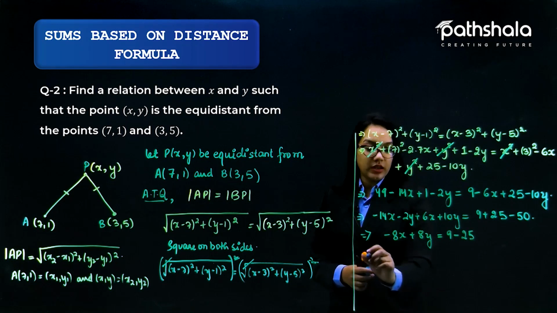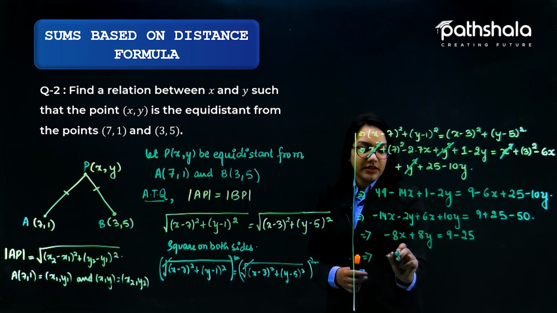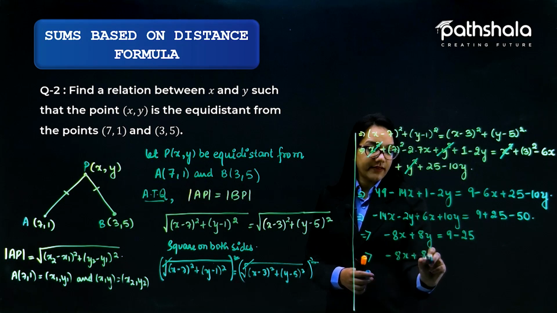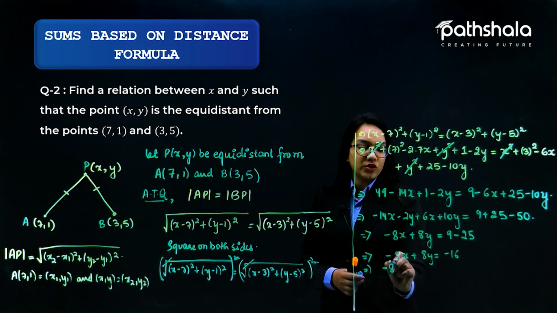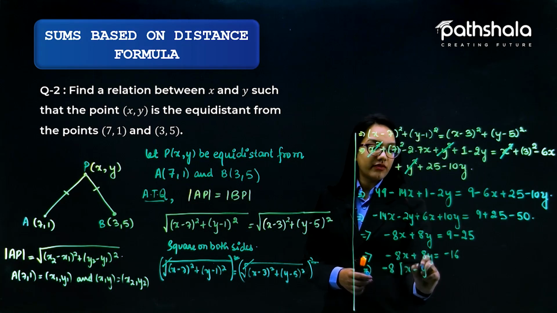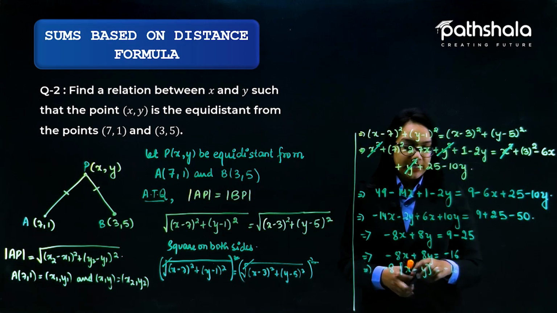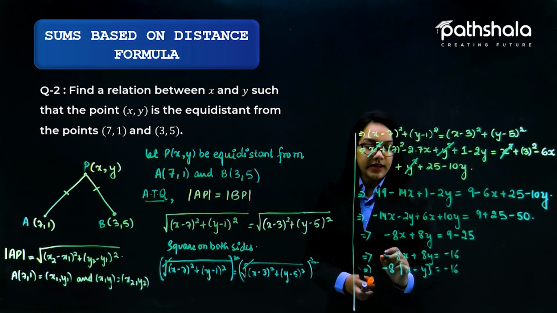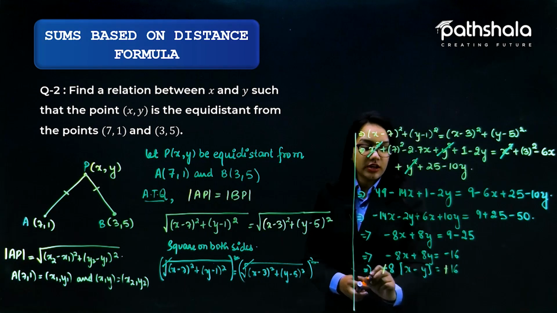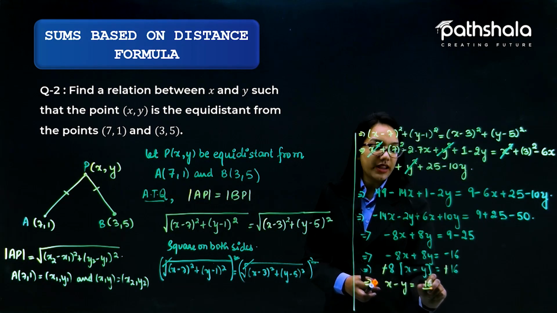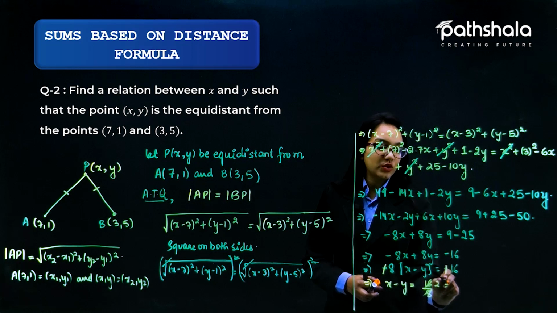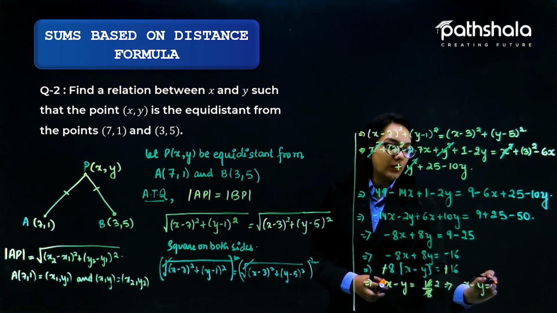So this implies minus 8x plus 8y is equal to minus 16. We can take negative 8 common, so this would be x minus y equal to minus 16 over minus 8; negative and negative get cancelled. Taking 8 to the other side, x minus y is equal to 16 by 8. 8 into 2 is 16, so x minus y is equal to 2.